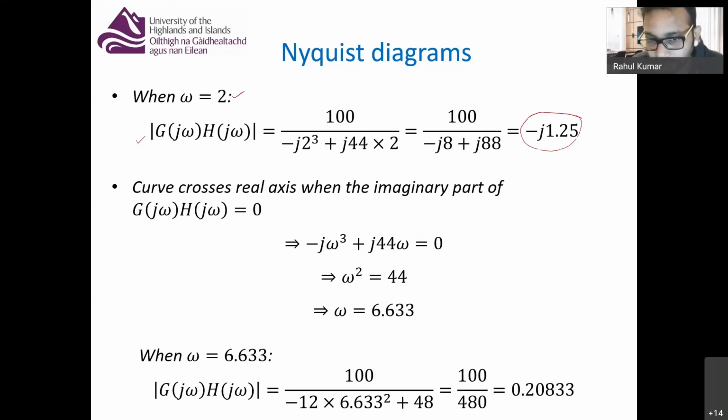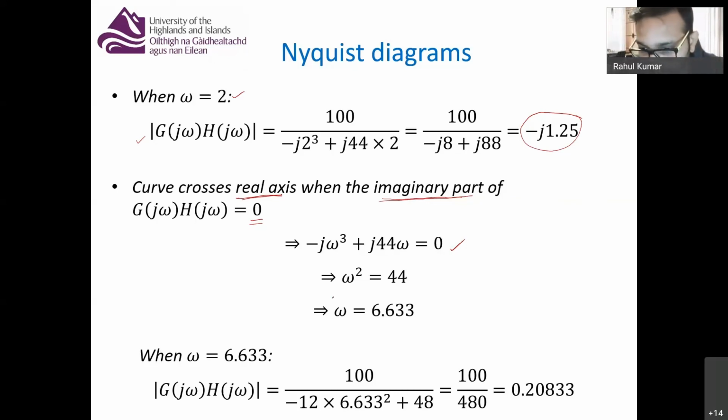Similarly, we calculate where the Nyquist plot will cut the real axis. For that, we equate the imaginary part of the open loop transfer function equal to 0. The imaginary part is minus j omega cube plus j 44 omega. We equate it equal to 0.